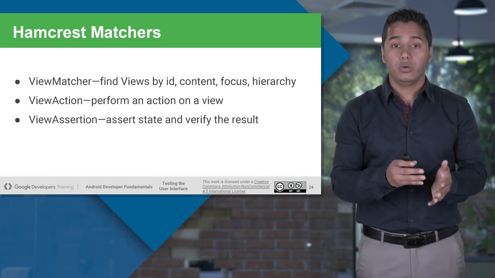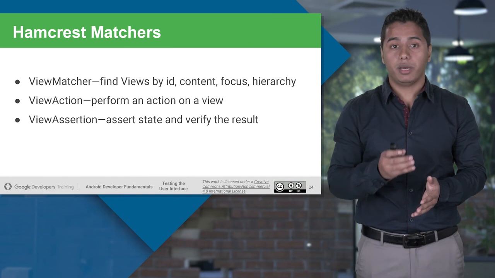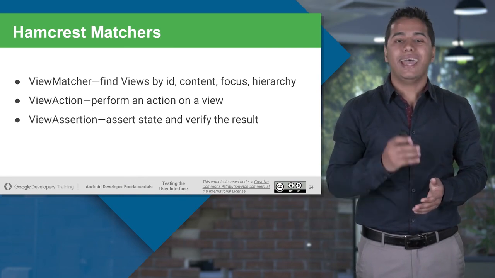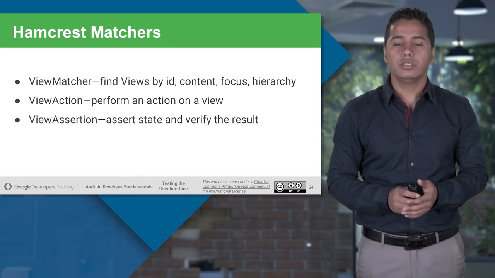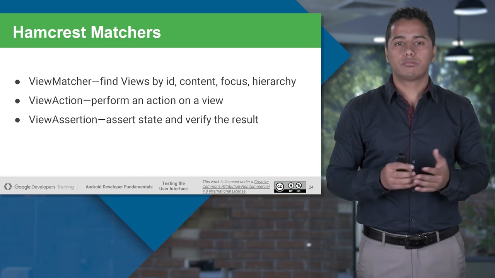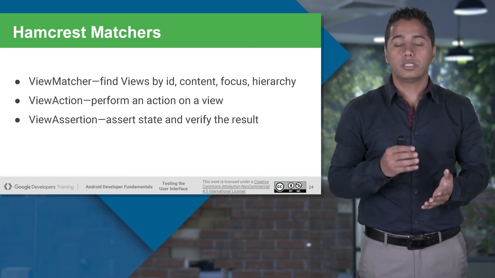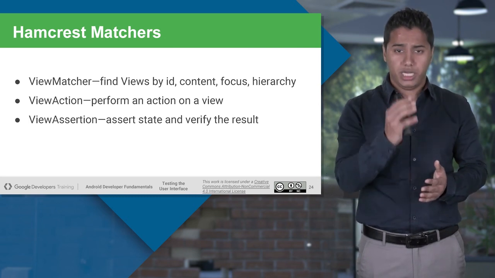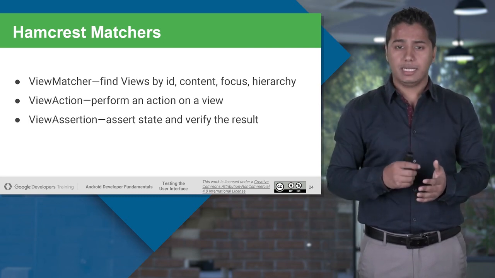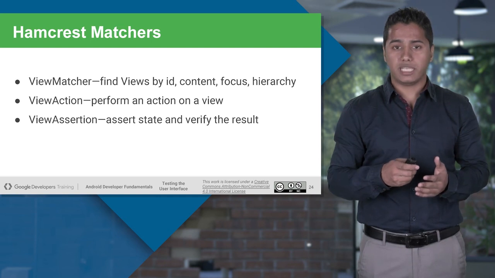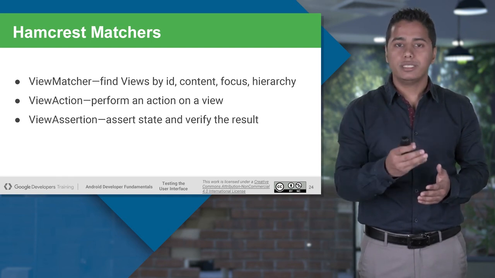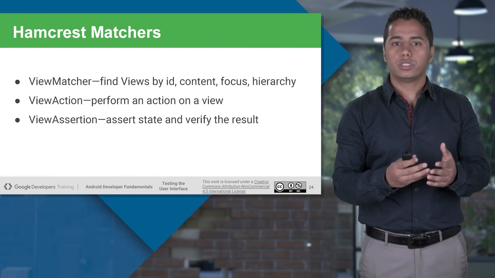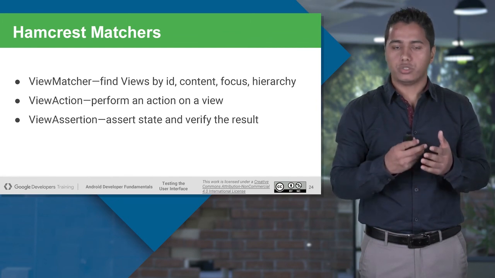So that action will be taken care of by your view action matcher. And last is your view assertion. The assertion matcher takes care of asserting a state, checking the state, and verifying the result, whether the state which you are looking for is exactly the state which was expected. I mean, whether your view is doing the same thing which you expected it to do.